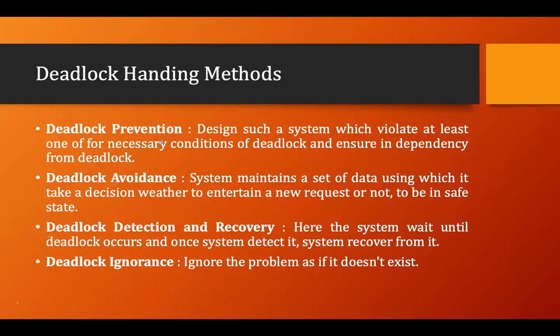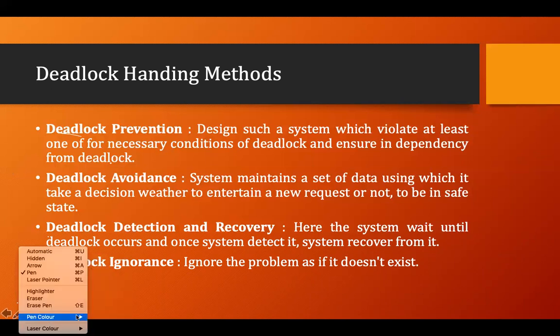The first one is deadlock prevention. It designs a system which violates at least one necessary condition of deadlock and ensures independence from deadlock. Now we know that there are four necessary conditions for deadlock, right?